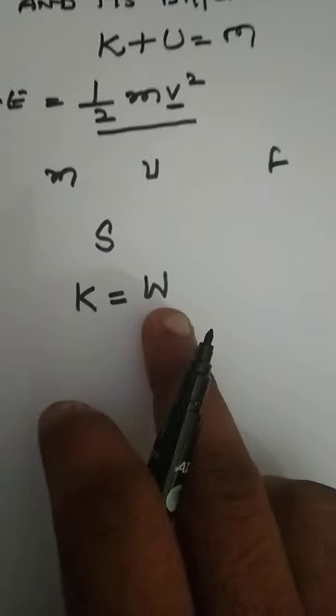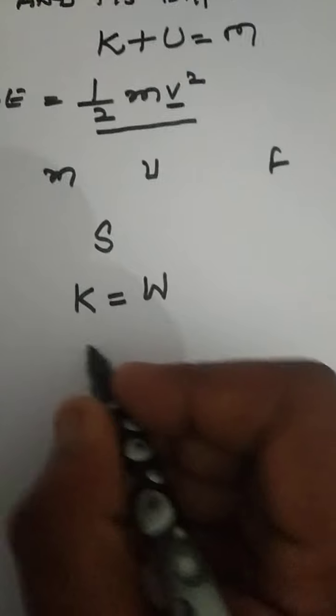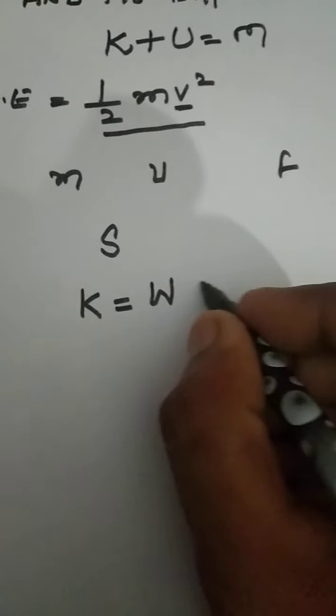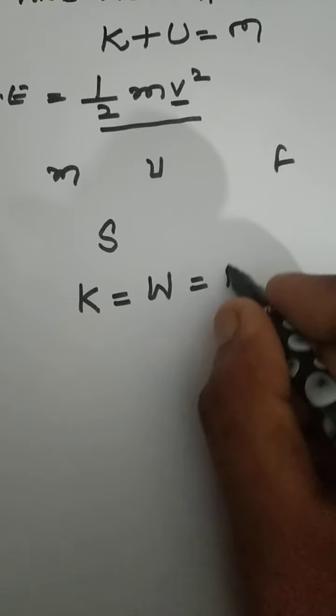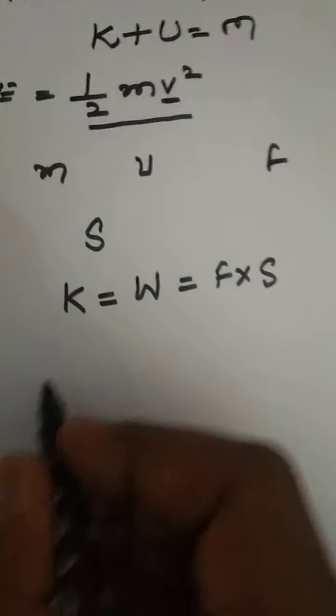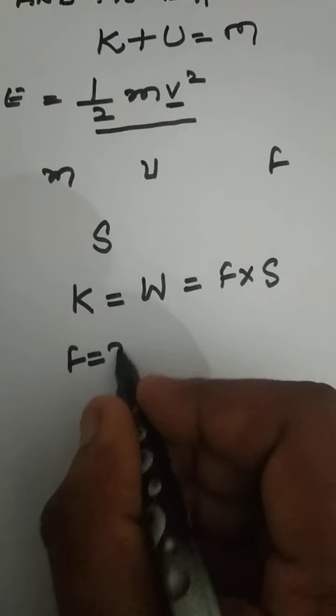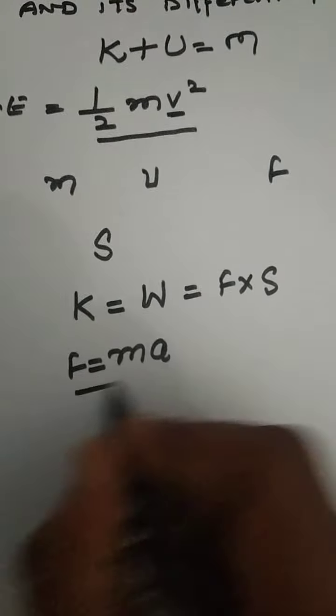This is the most important thing which you have to keep in your mind. So work is equal to force into displacement. We already discussed in the 9th standard Newton's second law, F equal to ma.